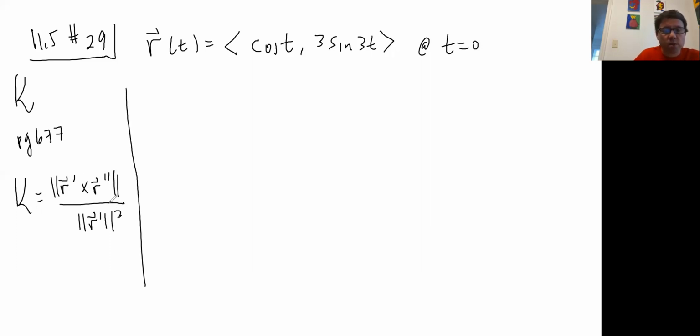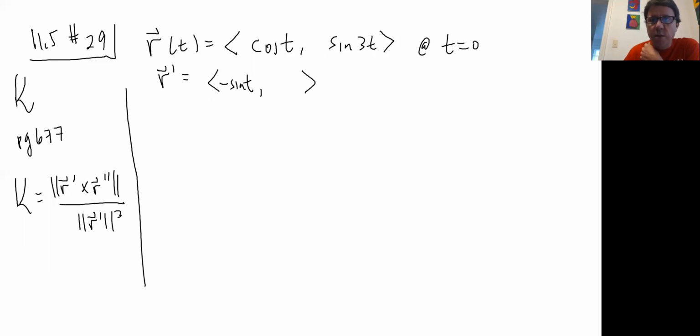So that's going to be the one that you're going to want to use here. The other two are for when it's like y equals some function of x. And I think it'd be difficult to get rid of the t's in this equation just because you have this 3t. But regardless, we can use this formula that says we need r prime and we need r double prime. So r prime is negative sine t, and then, sorry, this 3 isn't here.